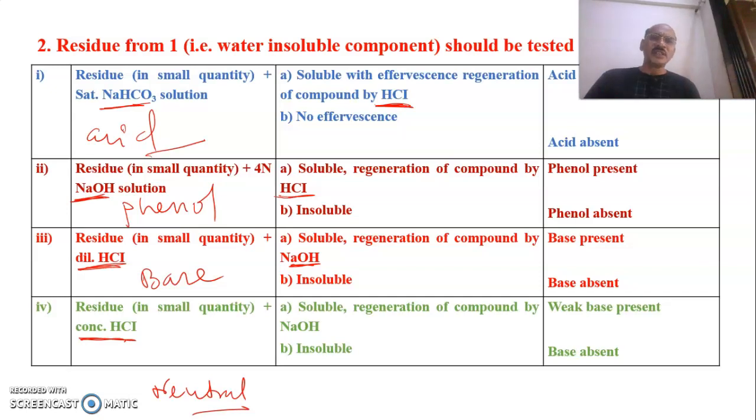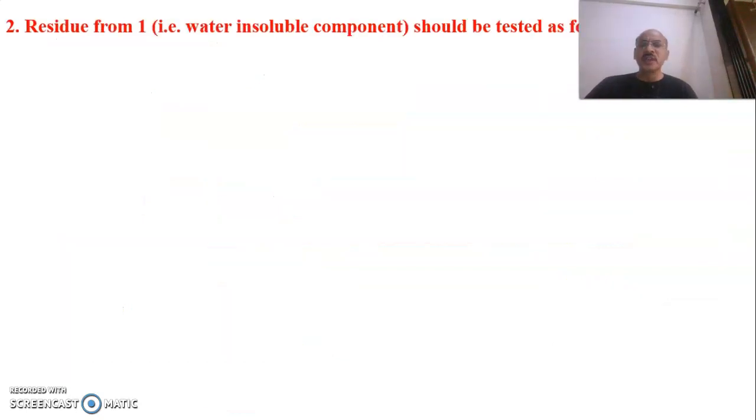Second step, confirmation, is regeneration. That means precipitation, and for that, for acid, you have to use acid, and for base, you have to use base. For phenol, you have to use hydrochloric acid. For acid, you have to use hydrochloric acid in the second step, and for base, you have to use alkali, sodium hydroxide. Let us have a virtual visit to our laboratory.